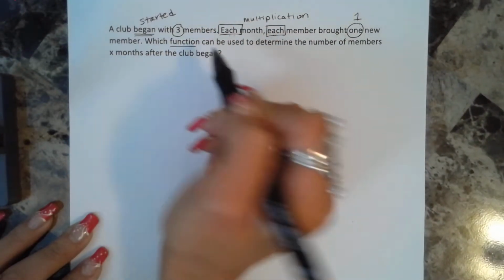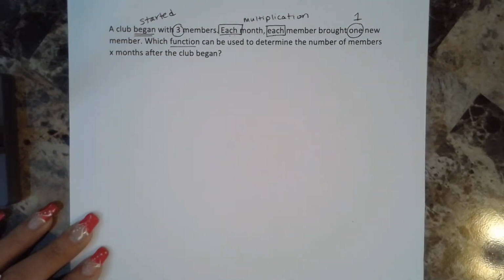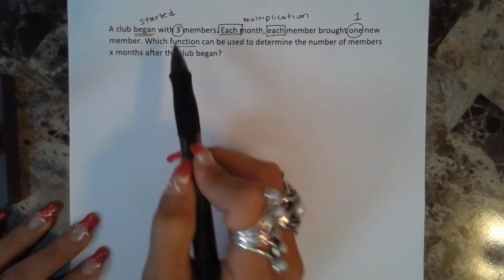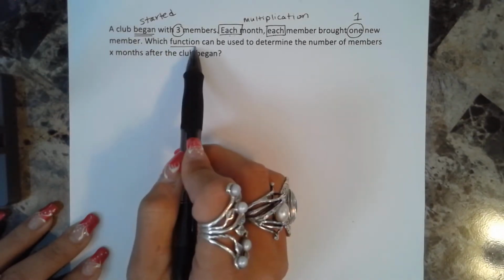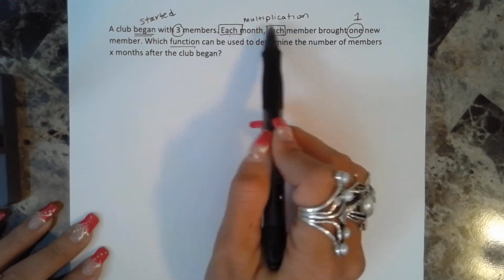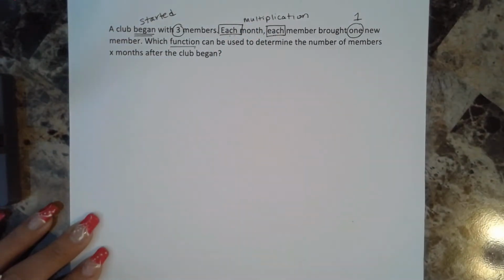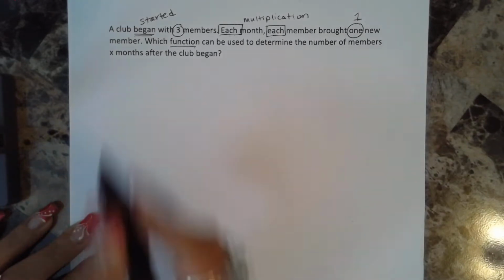Which function can be used to determine the number of members X months after the club began? When we're looking for a function and I see multiplication, the function we're going to use, the equation, would be exponential or a growth formula.